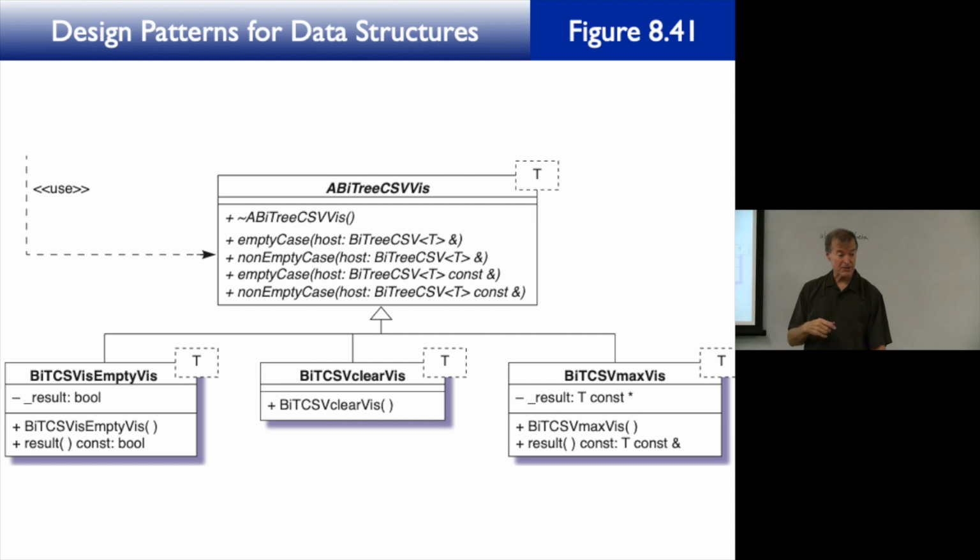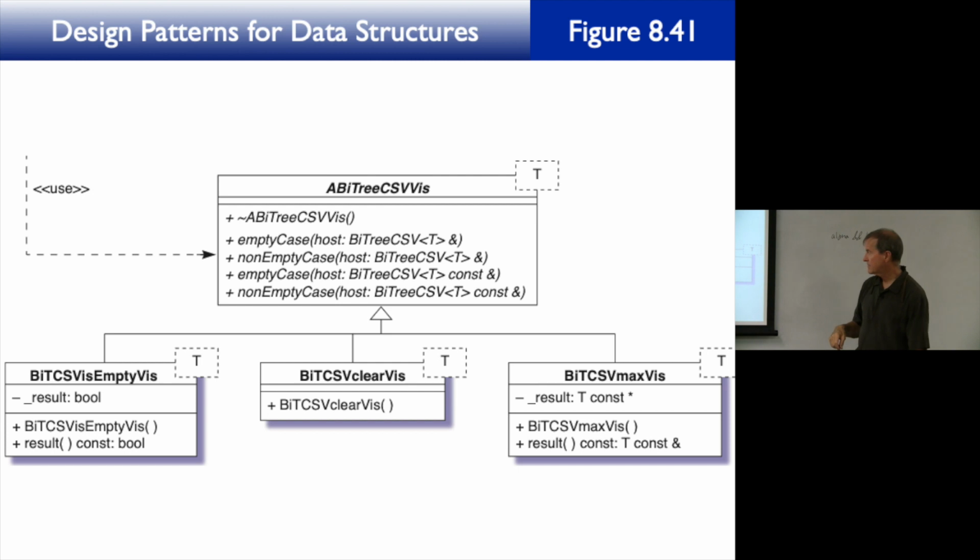But what does it do? Is it void or non-void? Non-void, because it returns a Boolean. So in the attributes of our isEmpty visitor, we have to have an underscore result, which corresponds to that returned value. Same way with max. Okay, that's why we have that extra attribute.